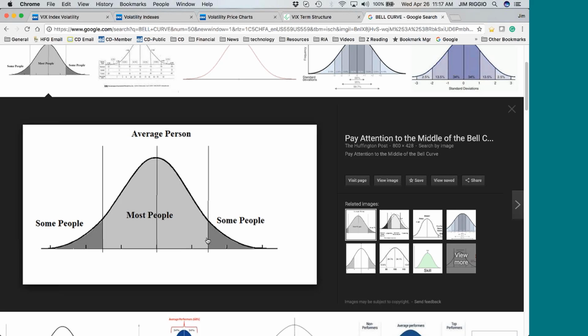Now, the problem with the markets is that human emotions come into play. And what ends up happening is that when the markets go down, many times you get panic selling. And it tends to happen in very short periods of time. When the market goes up, yeah, sometimes you can get a frenzy of buying, but it usually happens over a longer period of time.